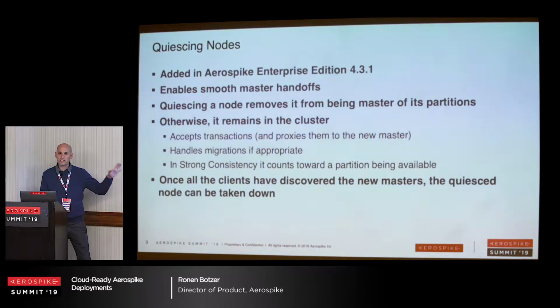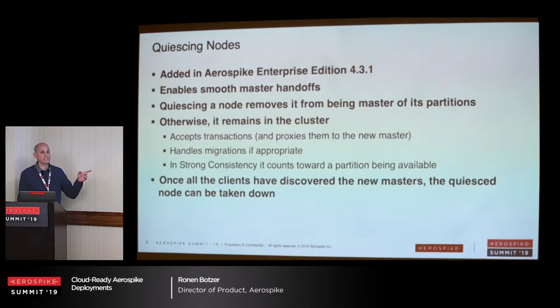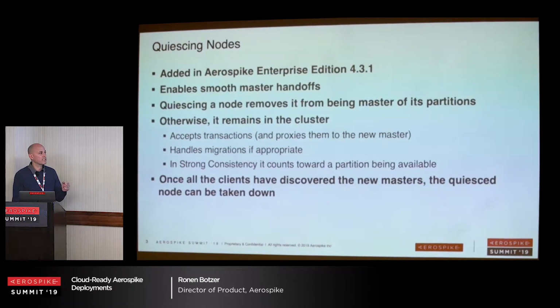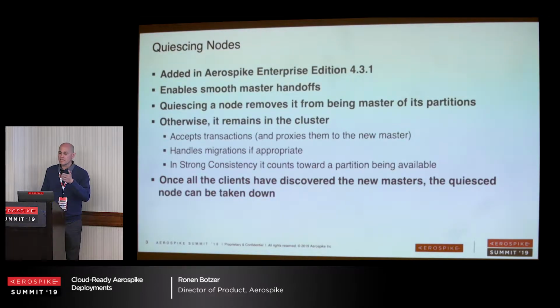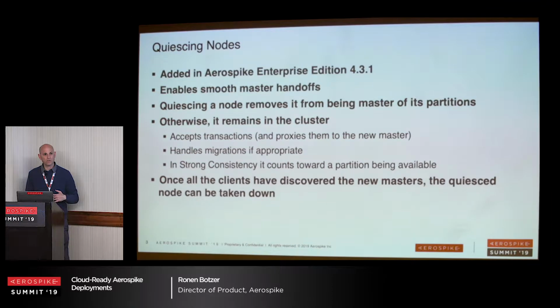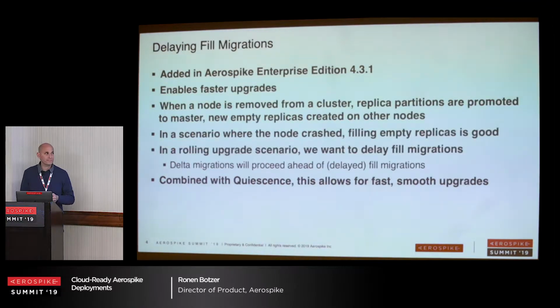So if you want to look at that specifically, Meher, who's here, is going to go into a lot more details about that. So I highly recommend that talk. Once all the clients have discovered who the new masters are, and once you can track that there are no more proxy events happening, then you can basically take down the node. So it's kind of this in-between status that allows for a much smoother transition.